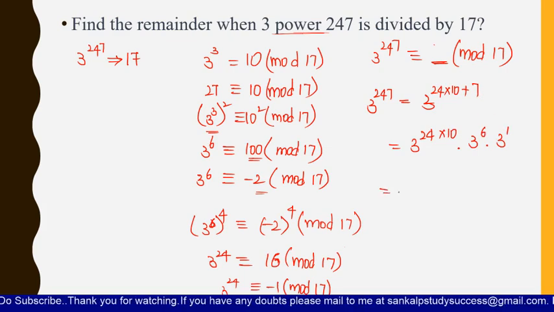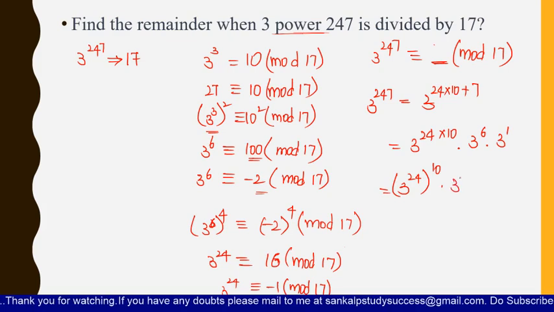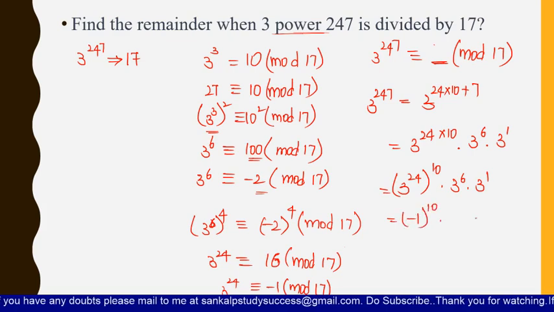So 3 to the power of 24 whole power 10 into 3 power 6 into 3 power 1. Now 3 to the power of 24, here you got the remainder as minus 1. Minus 1 whole to the power of 10 is nothing but again 1 itself, right? Because the power of 10 is an even number, you will get positive 1.